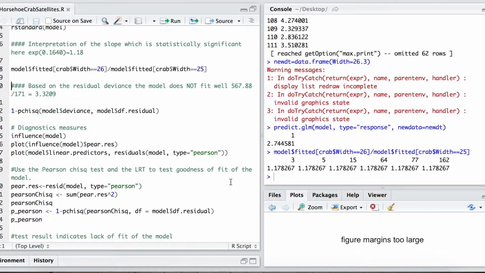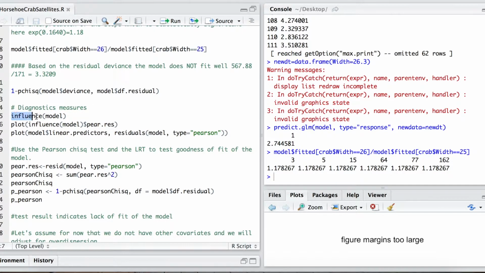For more diagnostic measures, we use the influence method. The residuals function will extract the unadjusted Poisson or chi-square and deviance residuals by default from a fitted GLM object, and there seems to be no built-in function for computing the adjusted or standardized residuals. But influence will extract the diagonal of the so-called hat matrix, and this is enough to construct the adjusted residuals.